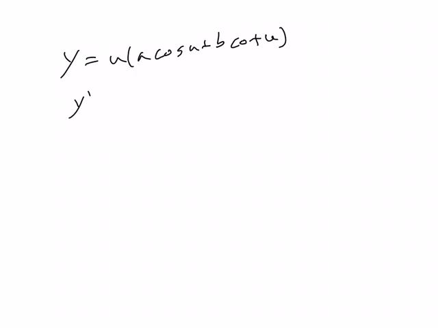So y prime is equal, these are u's, so it's equal to u times the derivative of this, which is negative a sine u, plus b times the derivative of cotangent, which is 1 over tangent u.